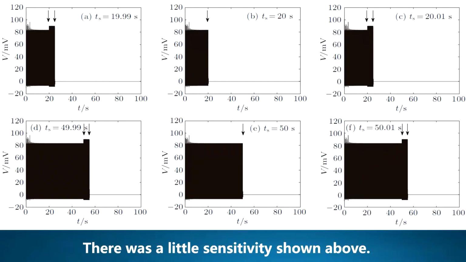The difference is only 0.01 seconds from panel B to A and C, and from panel E to D and F. However, the delay appears from 0 in B and E, and TD equals 5.1 seconds in all 4 graphs containing delay.